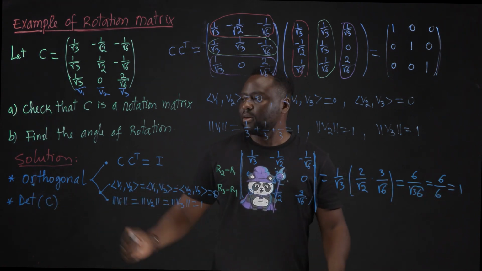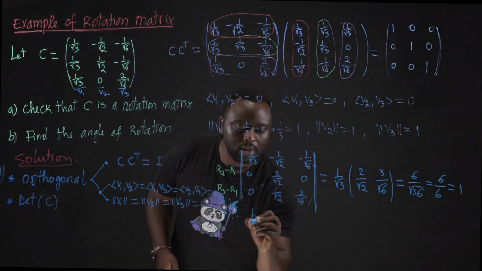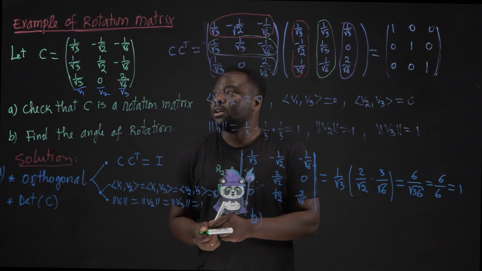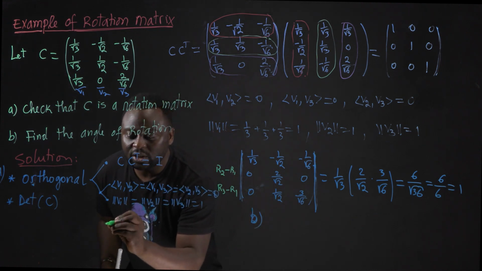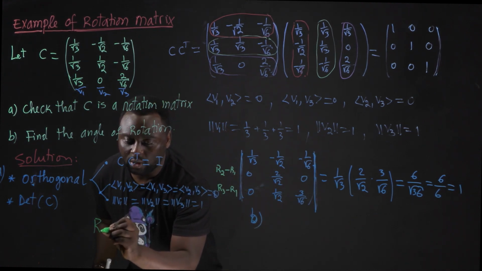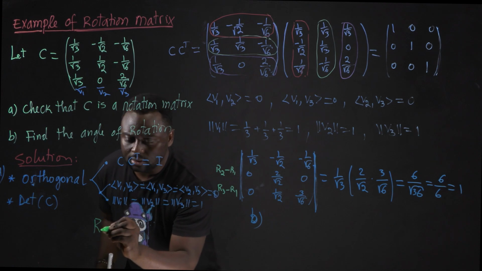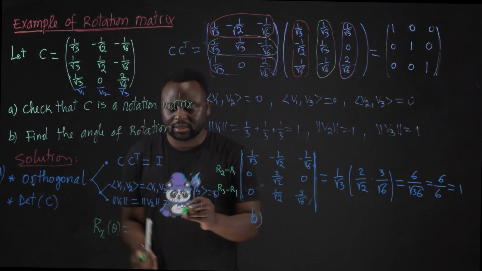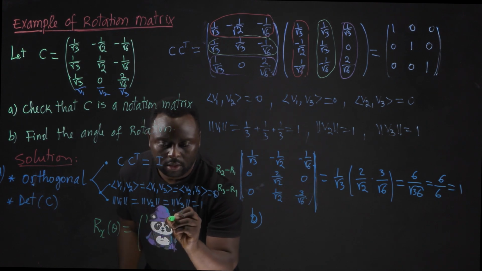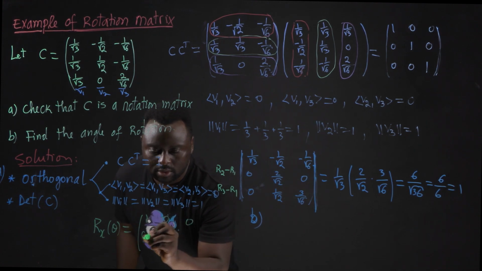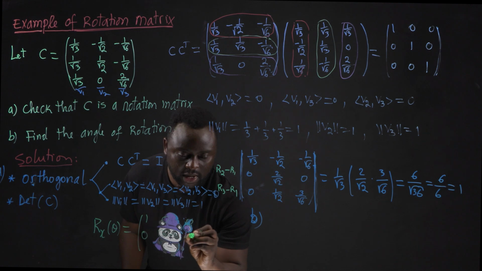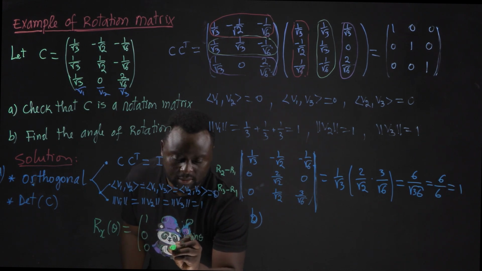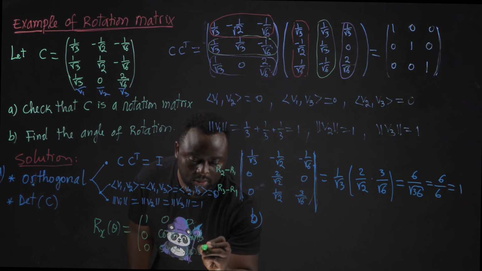Okay? Now, let's look at the second question, question B. You are asked to find the angle of rotation. Remember that the rotation matrix in R3, if it's a rotation with respect to the x-axis, y or z-axis, it doesn't matter. But for the x-axis, we have 1, 0, 0, 0, cos theta, minus sine theta, 0, sine theta, and cos theta.